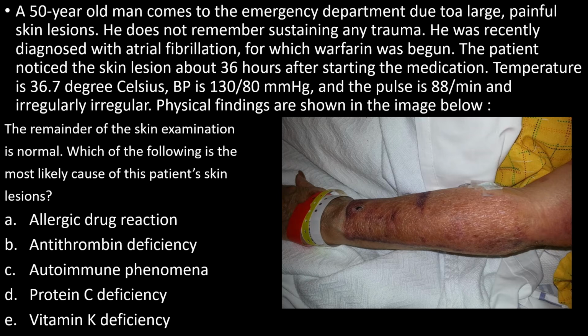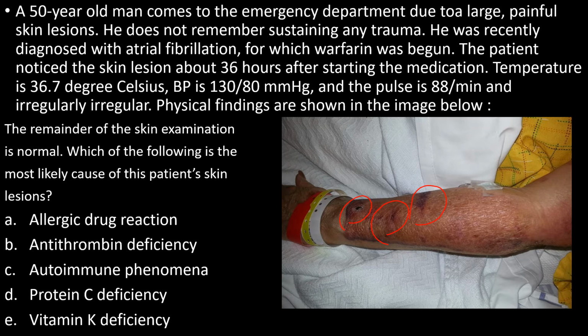Now, as this patient was started on warfarin to prevent thromboembolism secondary to atrial fibrillation, the sharply demarcated purpuric lesions likely represent warfarin-induced skin necrosis. So these are sharply demarcated purpuric skin lesions.